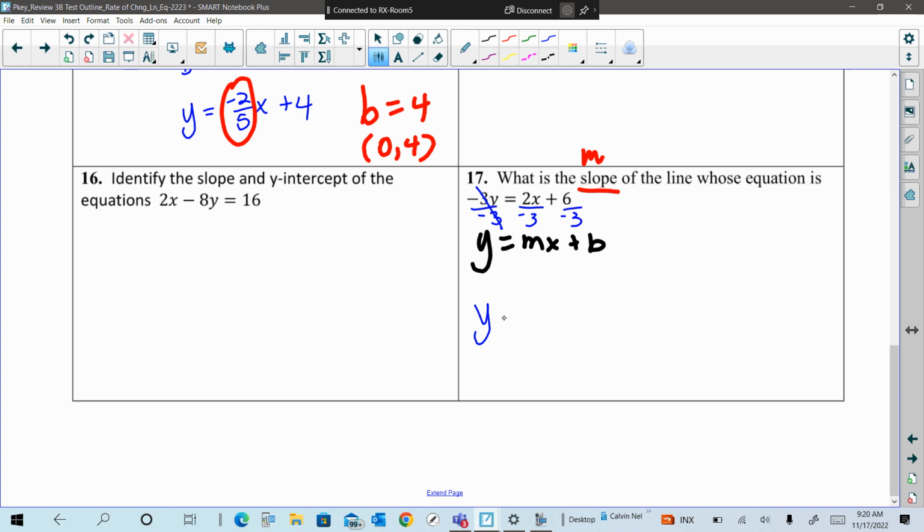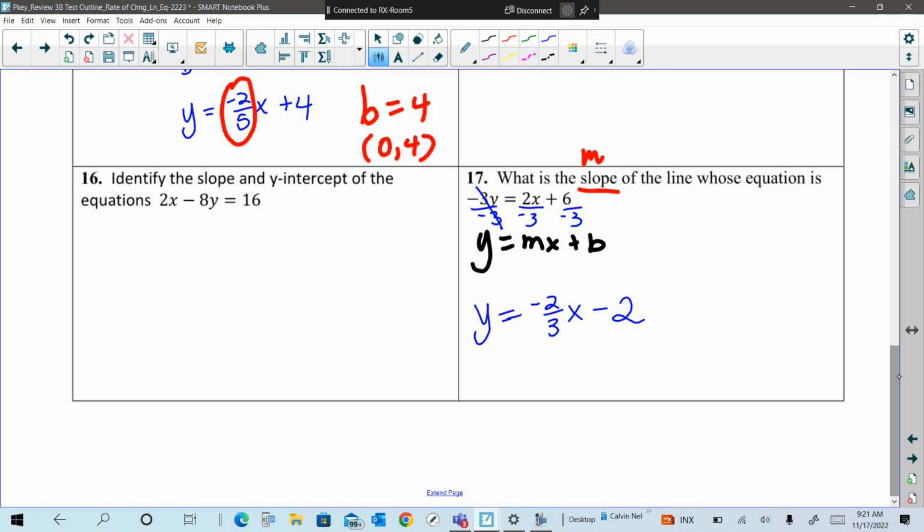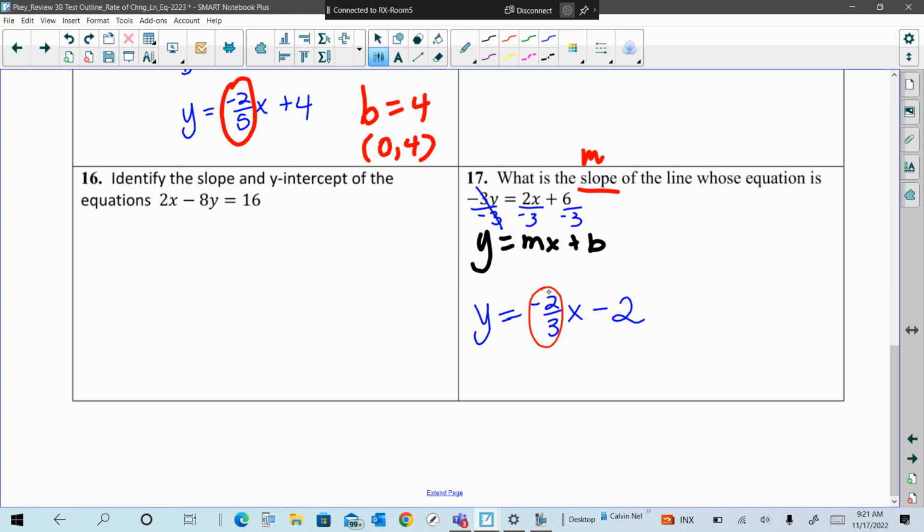Now we have y equals... it's in order, but it just didn't solve for y. y equals -2/3x minus 2. So from here, you should be able to tell me what the slope is. The slope now would be -2/3. So M equals -2/3.